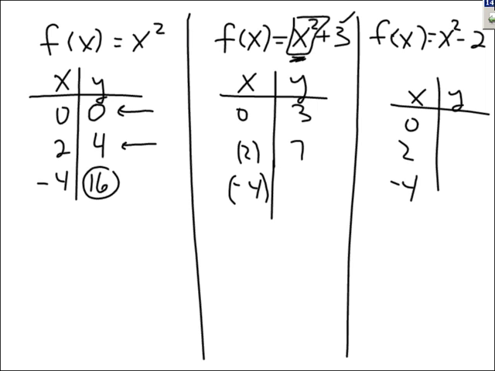So I did x squared, and now I add 3. Over here, we have to square again. You get 0 squared, 2 squared, negative 4 squared. Then you take away 2, and you get negative 2, you get 2, and you get 14.